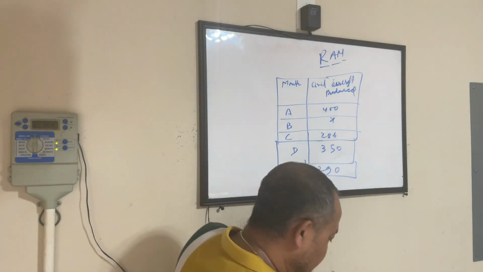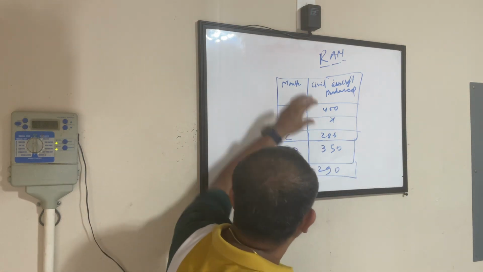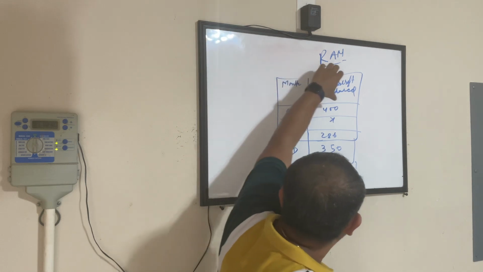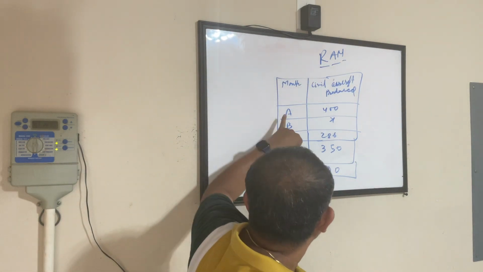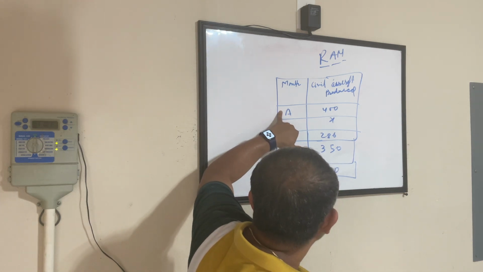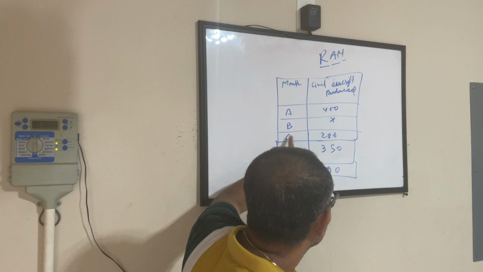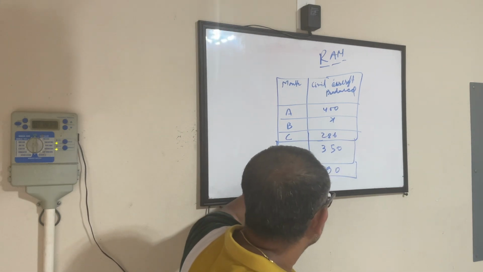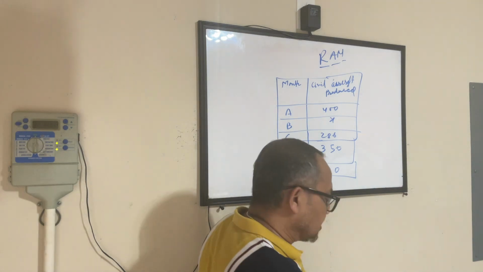What you are seeing on the board is the table which has two columns. First column is month, second column is civil aircraft produced. First row is month A 400, month B X, month C 286, month D 350, and month E 290. This is the table that is there as part of the question.